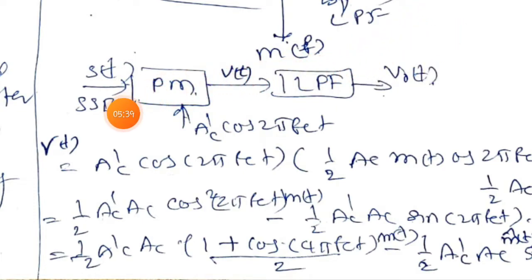Therefore s(t) must be applied to the product modulator, and the carrier signal A'c cos 2 pi fct is also applied to the product modulator. The product modulator multiplies the SSB signal and the carrier signal. So the output contains the product of the SSB signal and the carrier signal. After passing through the LPF, it contains the message signal.